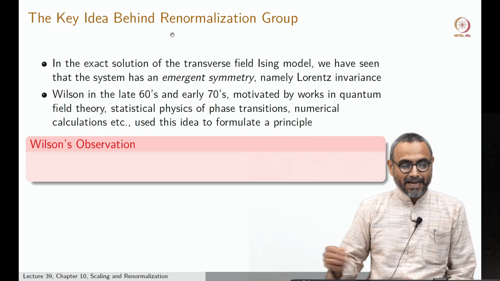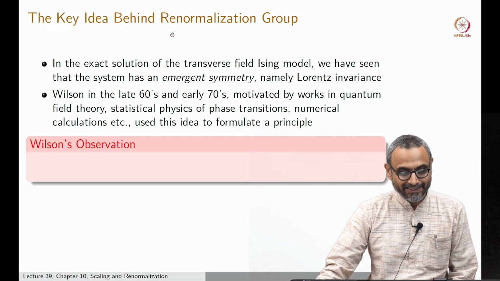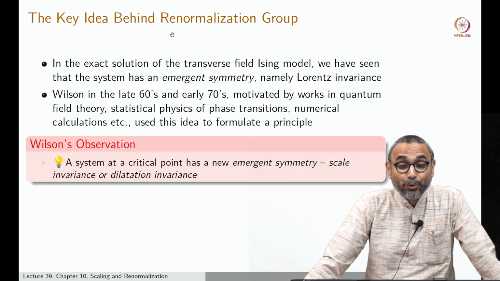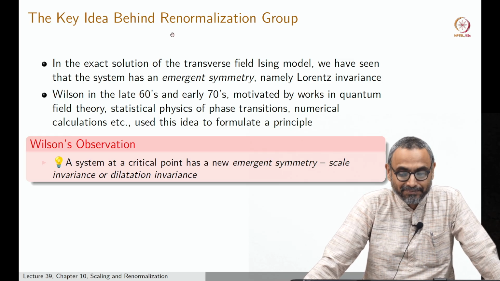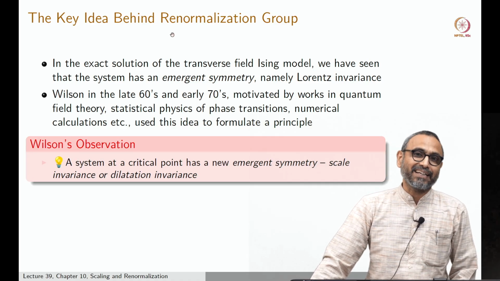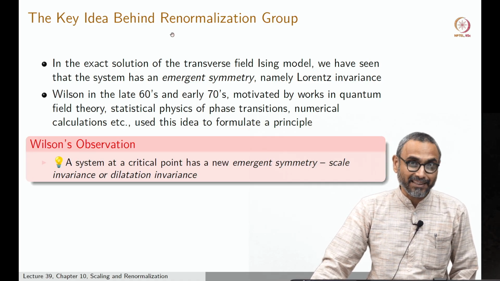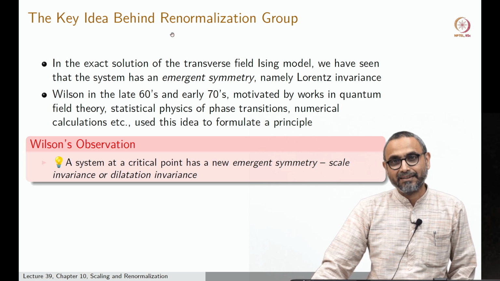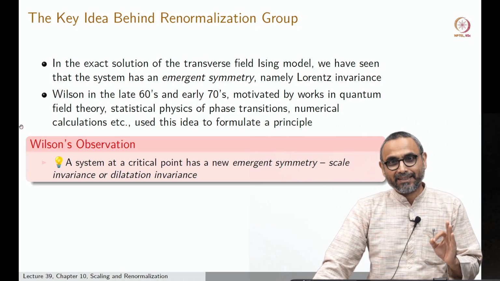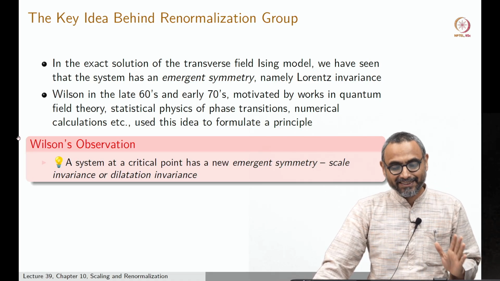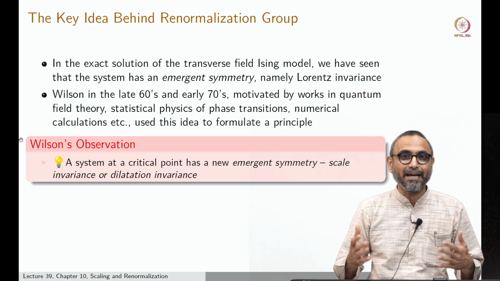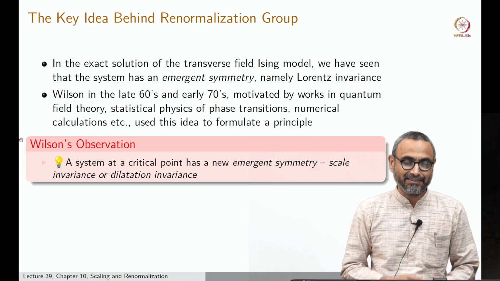What Wilson said is that a system at its critical point has a new emergent symmetry, and this symmetry is scale invariance or dilatation invariance. So this is one single statement about the critical point: at a critical point, the system has a new emergent symmetry, which is scale invariance.